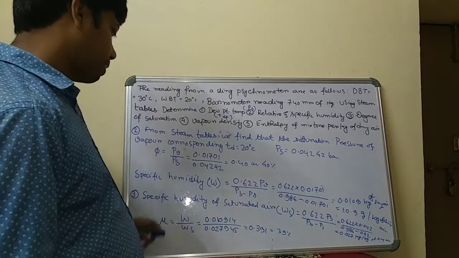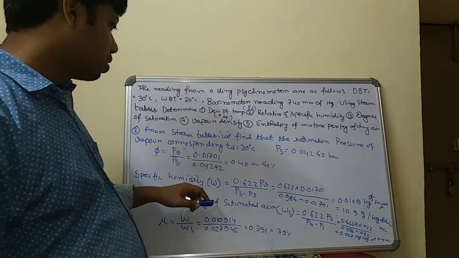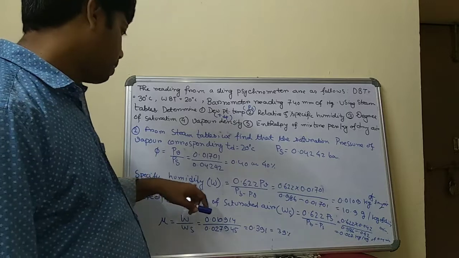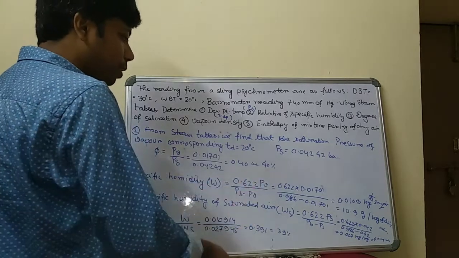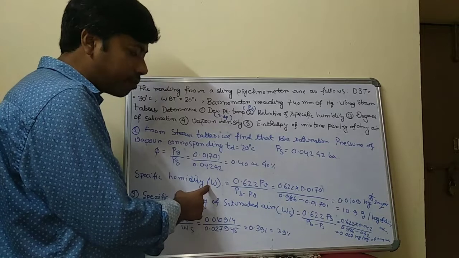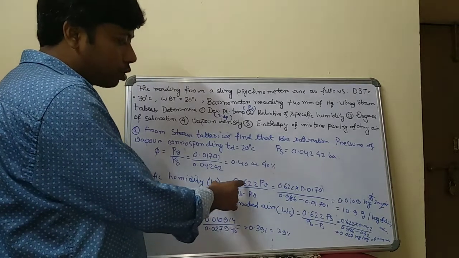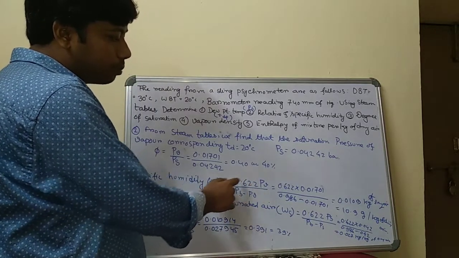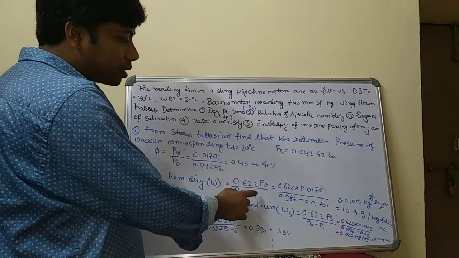And what is specific humidity? Specific humidity relates the partial vapor pressure with the barometer pressure. It is designated with W, and W is equal to 0.622 PV divided by PB minus PV.